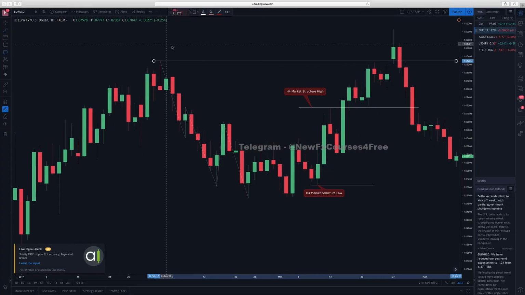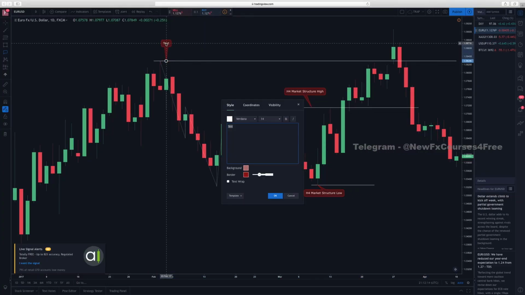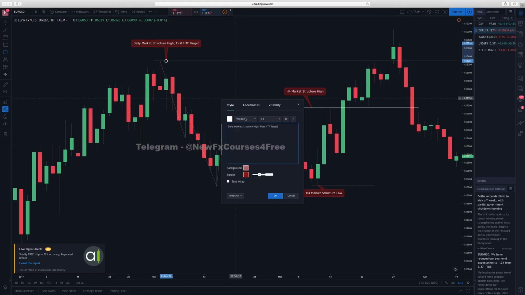So this generally becomes your first daily target. So let's call this daily market structure high, first HTF target.